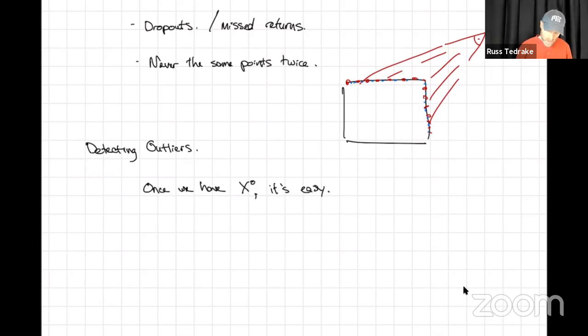Why? Because my cost function, remember, it even has a nice geometric interpretation, right? But each one of those terms is a squared distance.